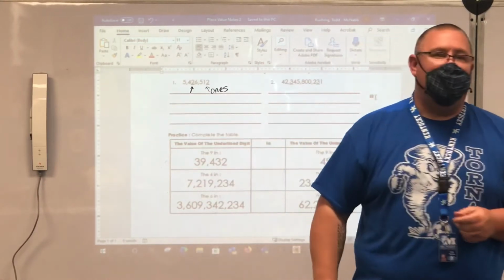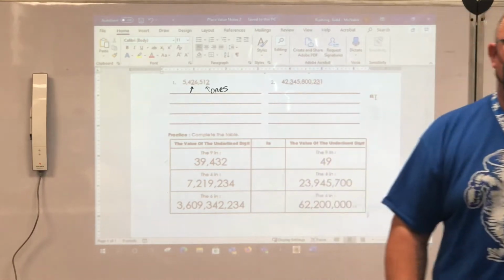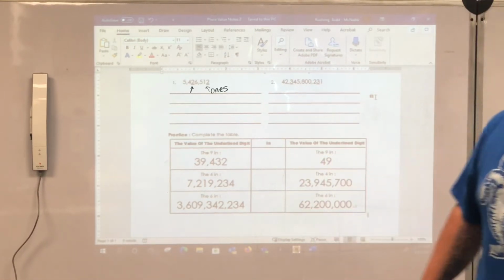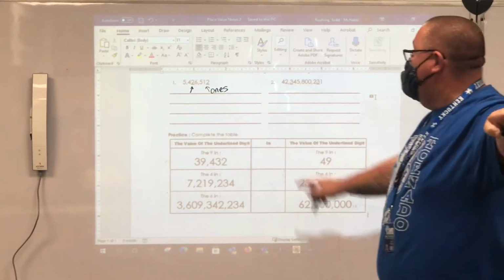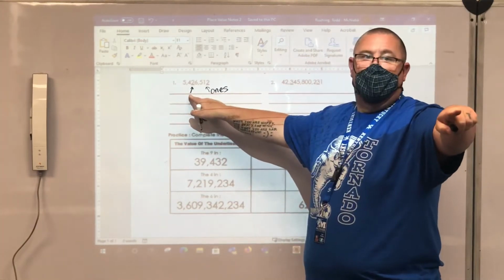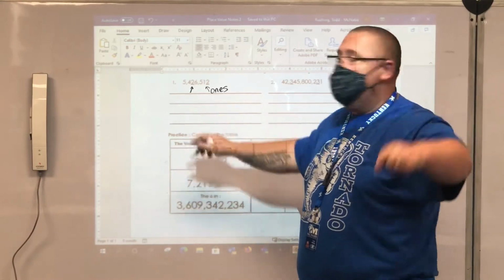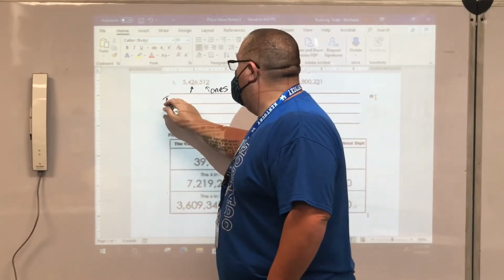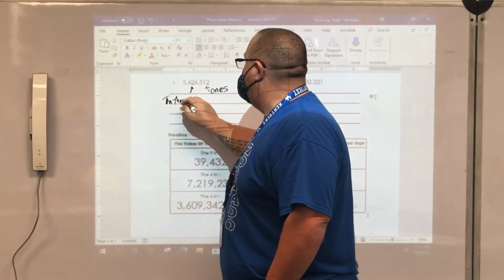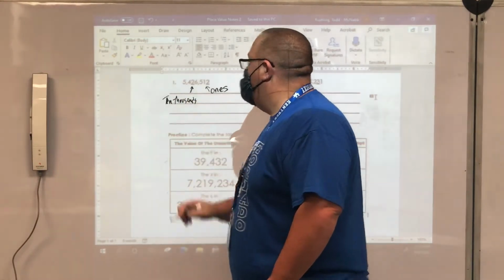What place value is that second 2 in that's further to the left? It's in the 100,000. No, 10,000. There you go. It's in the 10,000s place. Good job.